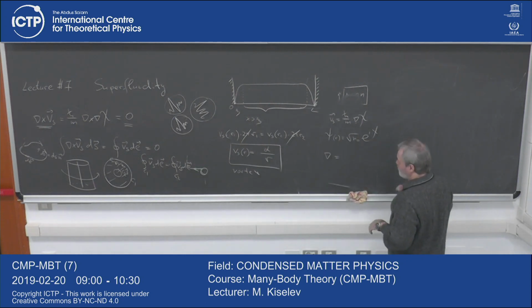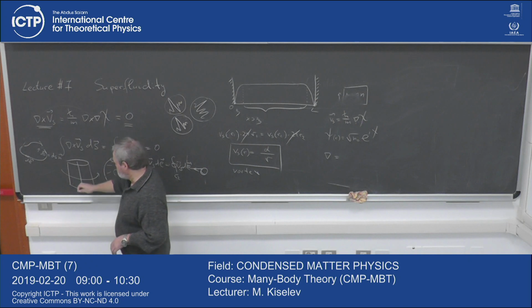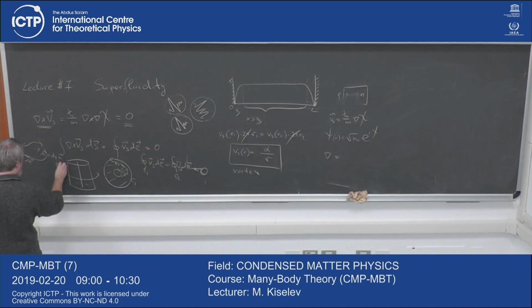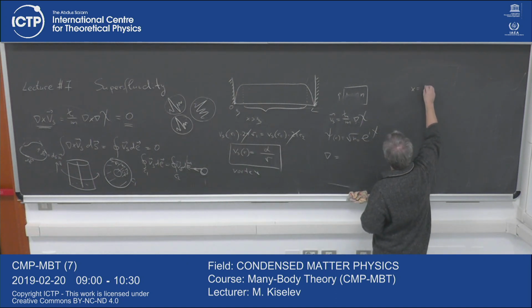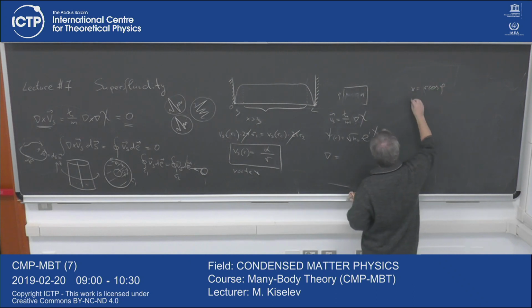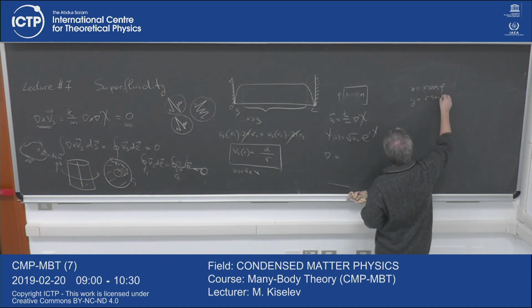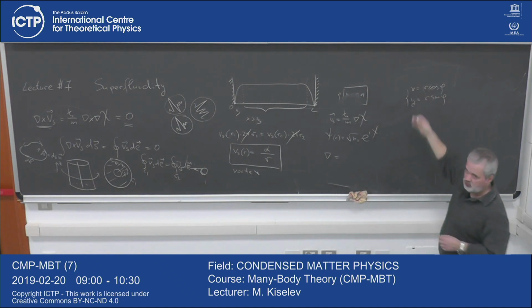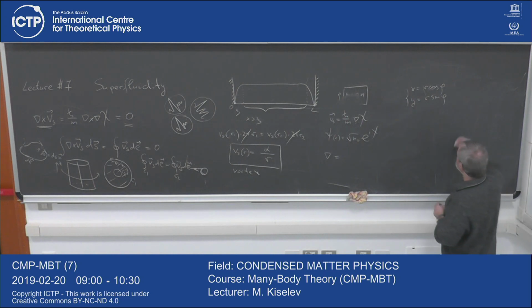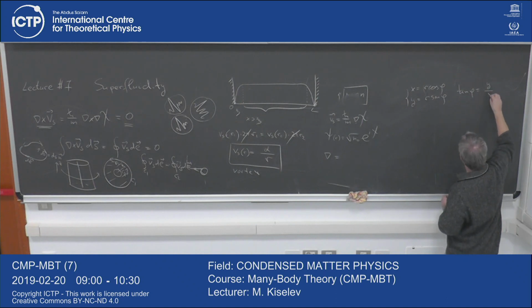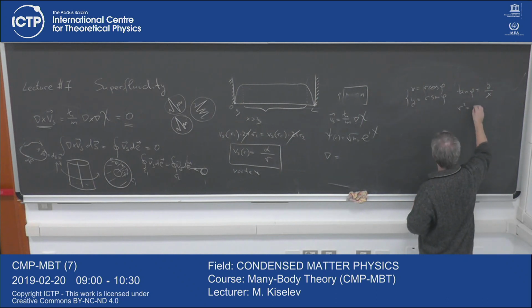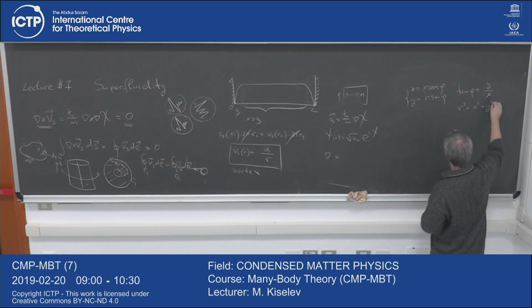The polar or cylindrical coordinate system is that if I take the plane, so this is z direction, then in the plane we have x and y. X is r cosine phi, y is r sine phi. This is the connection between Cartesian and polar coordinate systems. So tangent phi is equal to y divided by x, and r squared is equal to x squared plus y squared.